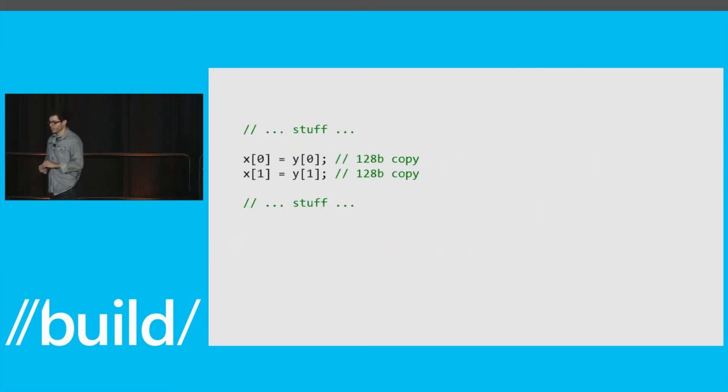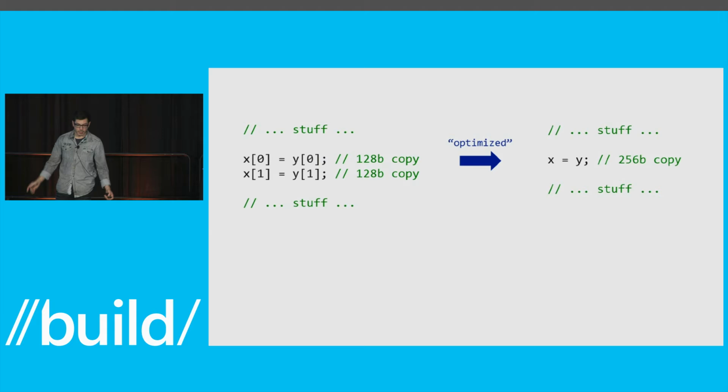Something completely different. Let's take a look at this code here. So this code is just two 128-bit copies, right? We're loading y sub 0 and you store it into x sub 0, you load y sub 1 and you store that into x sub 1, where each of those things is an individual 128-bit copy. And we are going to take advantage of 256-bit stuff that exists on newer processors.